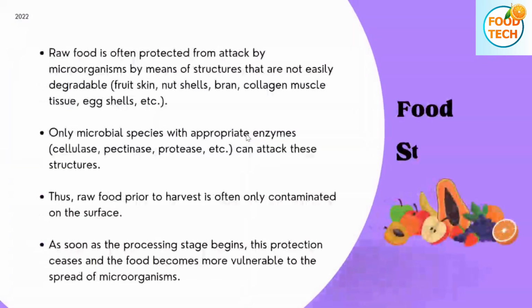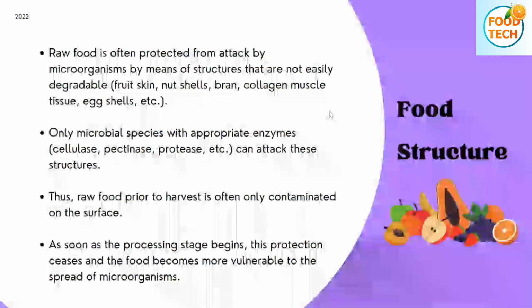So moving ahead, if you see the food structure, guys, majorly the microbes cannot access the inside part of the food. Yesterday also, when we were talking about these microbes, I told you that the majority of the time fruits and vegetables are sterile from inside, means they are not attacked by pathogens.